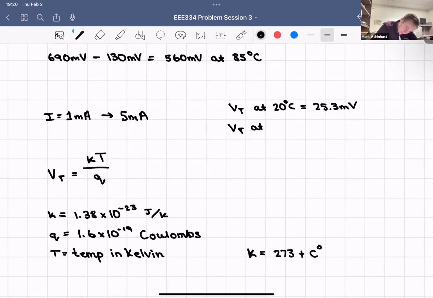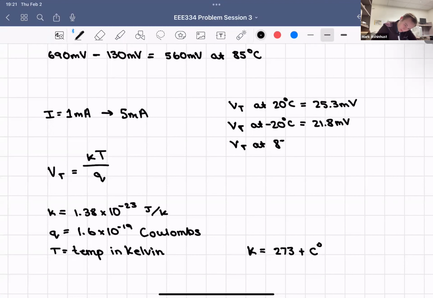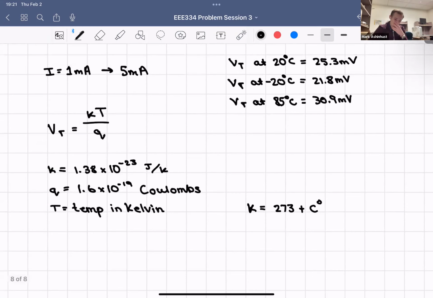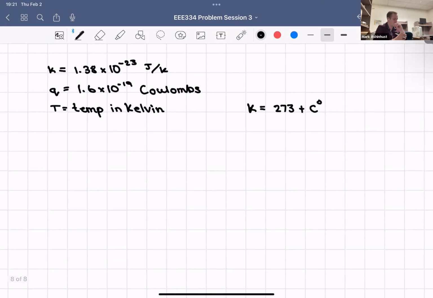We have our VT at negative 20 degrees Celsius is 21.8 millivolts, and our VT at 85 degrees Celsius is 30.9 millivolts. Great, we know that. And now we can jump to our last equation.